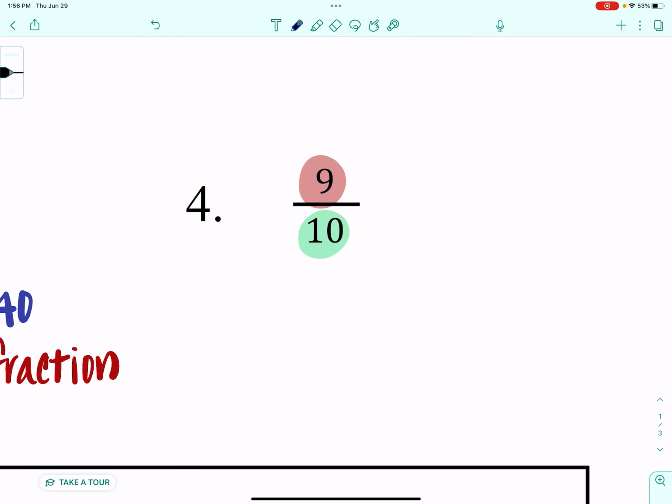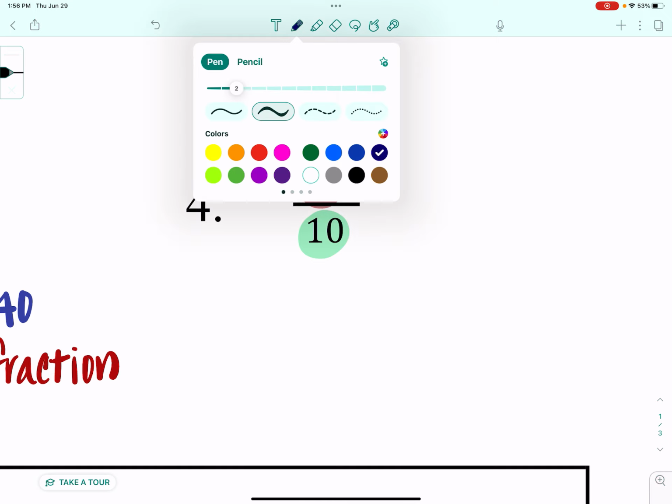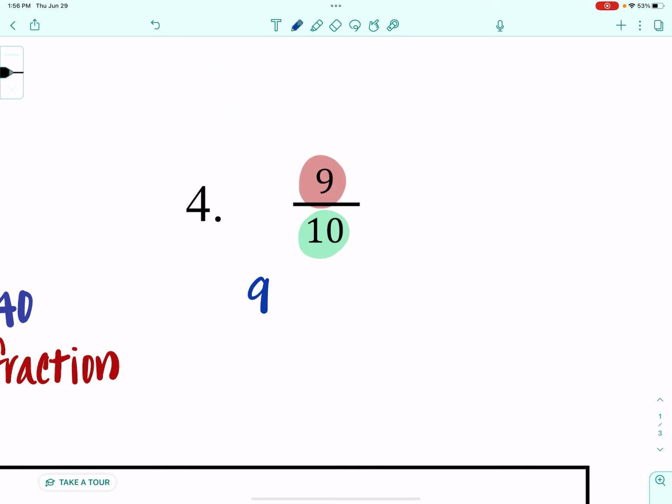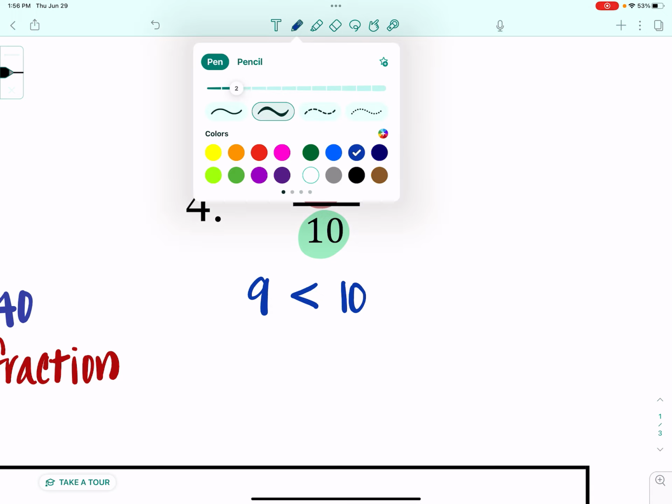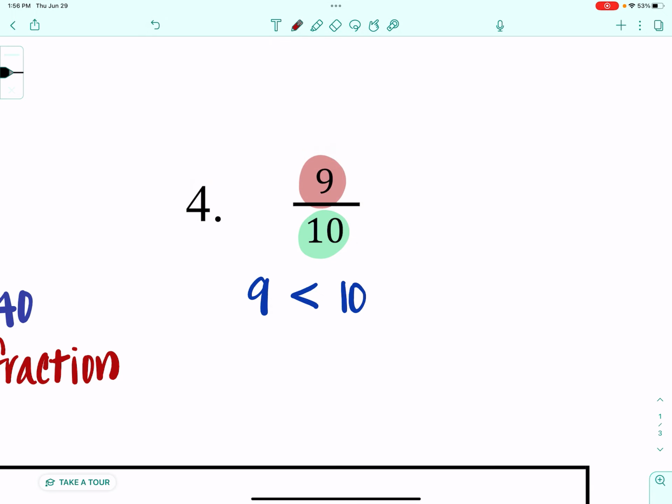Now I know that 9 is smaller than 10. That means that even though we had that pesky negative symbol, this is still a proper fraction.